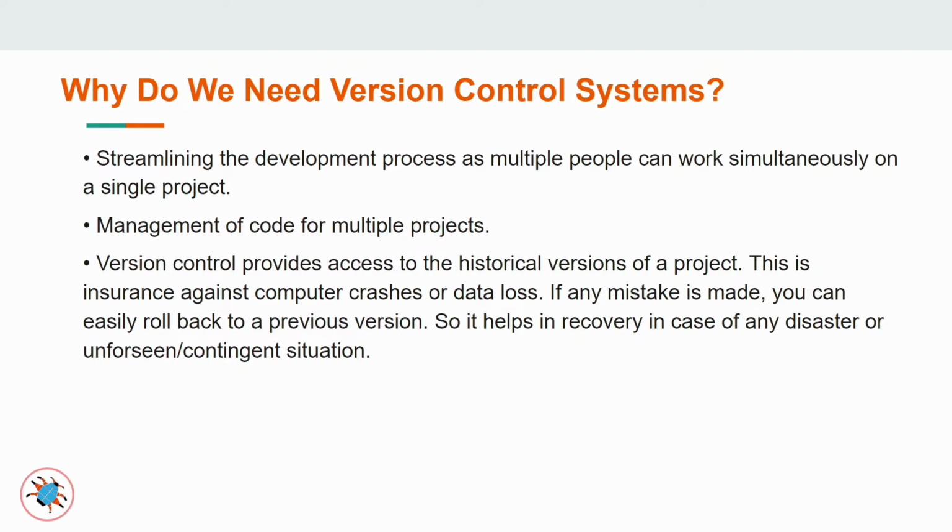Now let's see, why exactly do we need version control systems? One, streamlining the development process, as multiple people can work simultaneously on a single project, and this is so important and very powerful, right? Because say for instance it takes one developer to build a system that will last over 3 months.